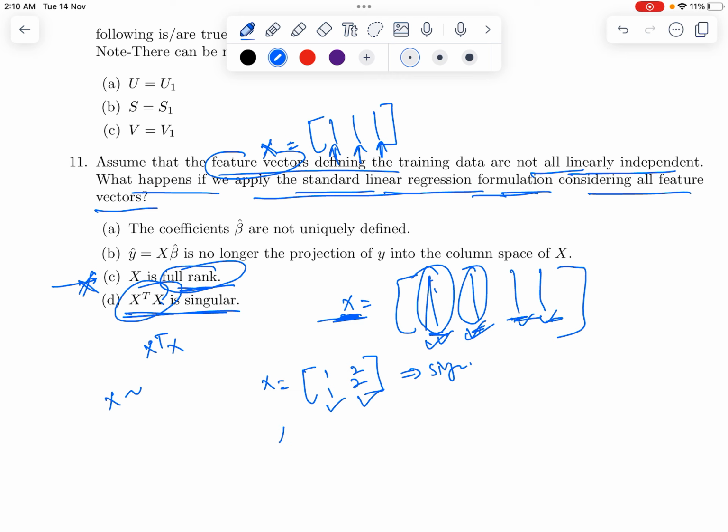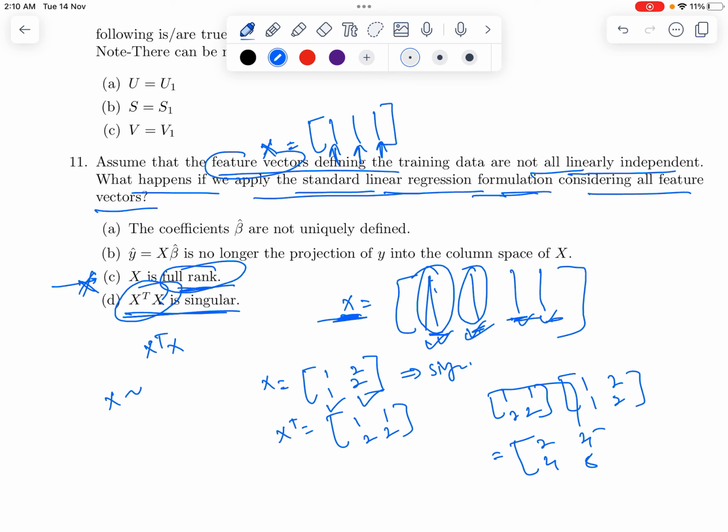Now let's calculate X transpose, which is 1 1 2 2. Multiplying X transpose and X, we get 2 4 and 4 8. So 16 minus 16 is 0, so that is also singular. So option D is correct.